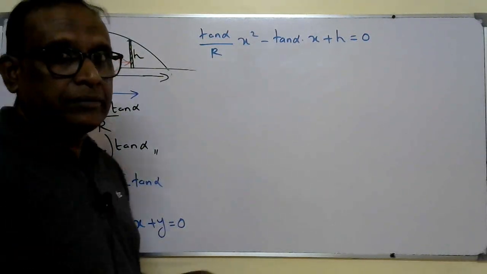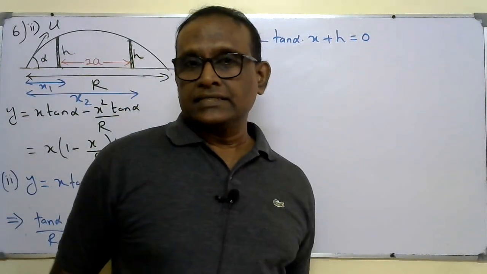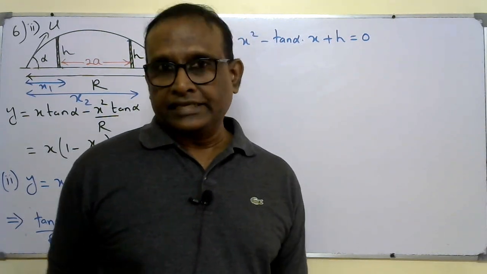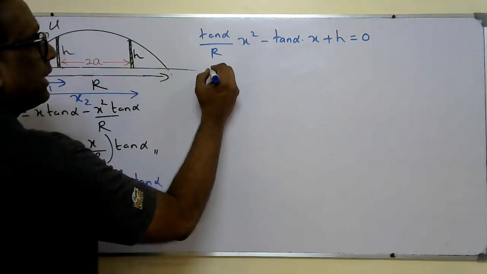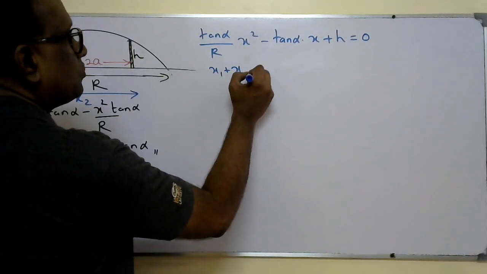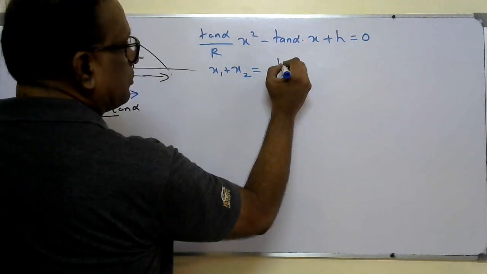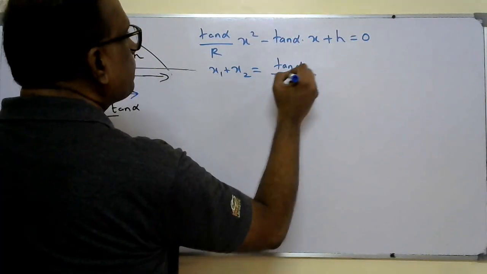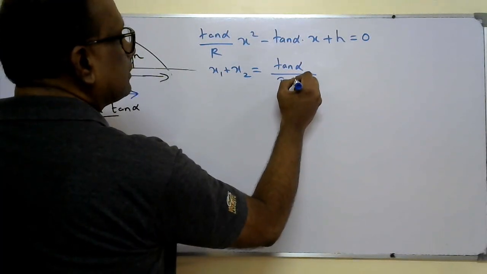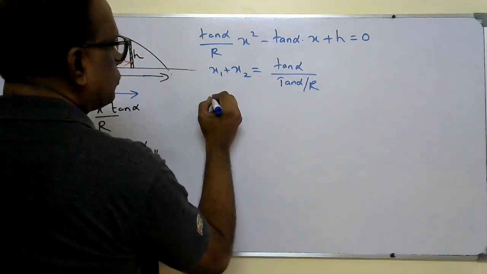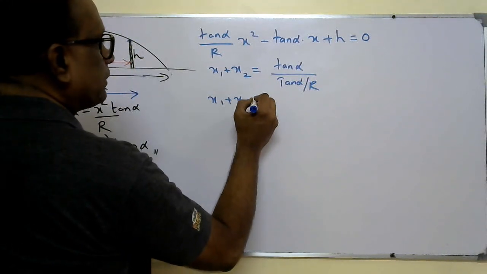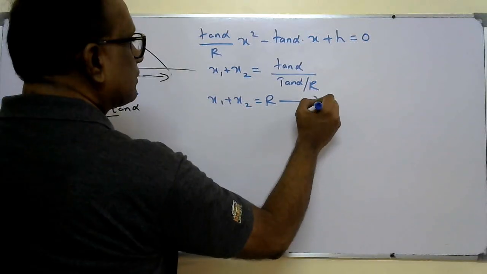You know alpha plus beta is minus b over a, alpha beta is c over a for the quadratic equation, the two roots. So x1 plus x2 equal minus b over a. So tan alpha over tan alpha over r, so x1 plus x2 equal r, first equation.